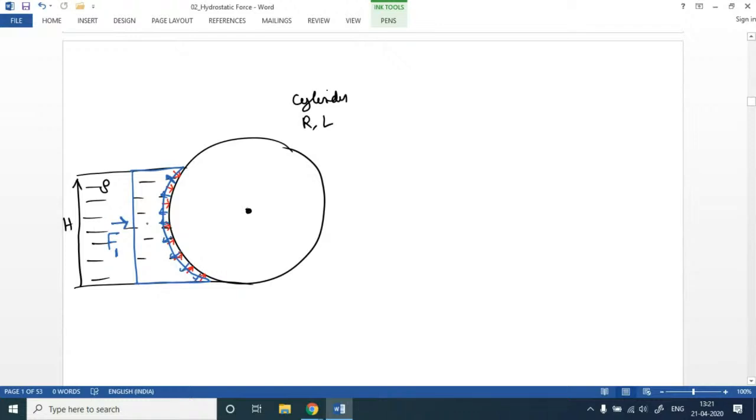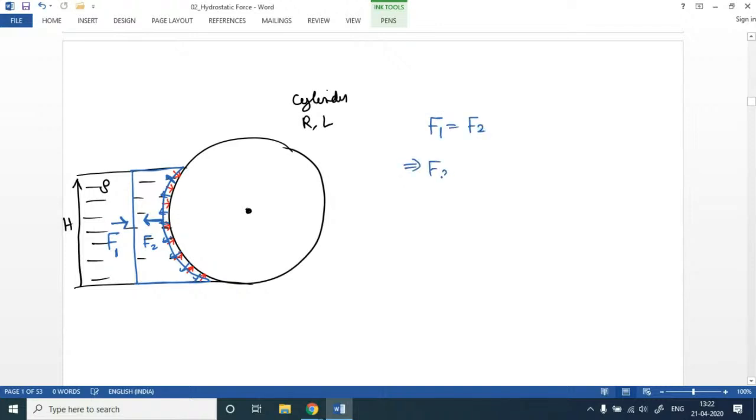And let's say its horizontal component is F2 in this direction. So considering the equilibrium of this liquid over here, F1 is definitely going to be equal to F2.